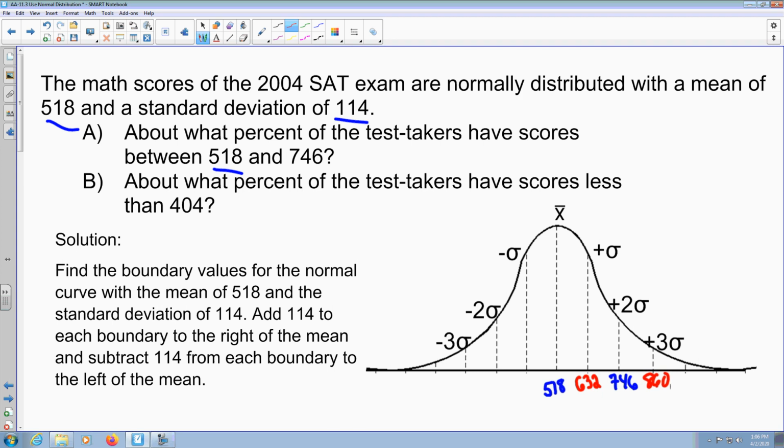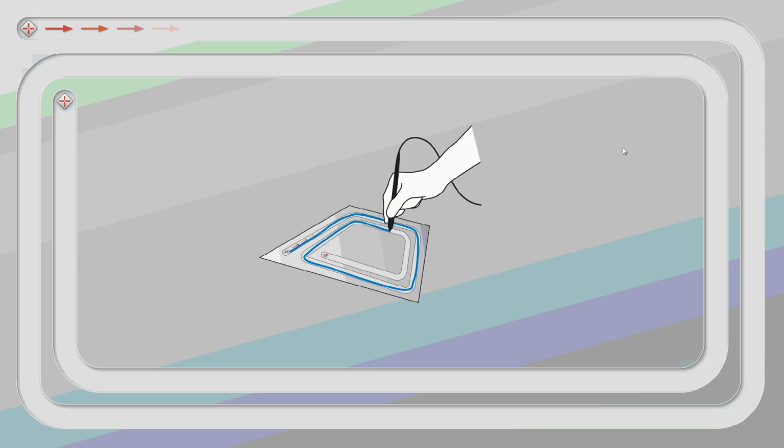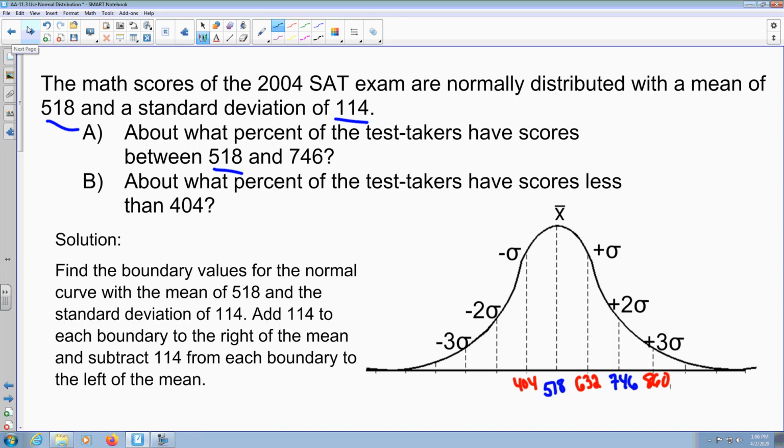And so if you go to the other side, you're just going to subtract 114. So when you subtract it, you get 404. Sorry about that. You get 404.